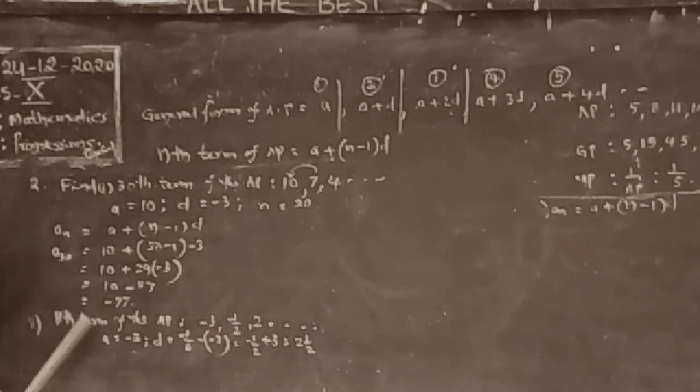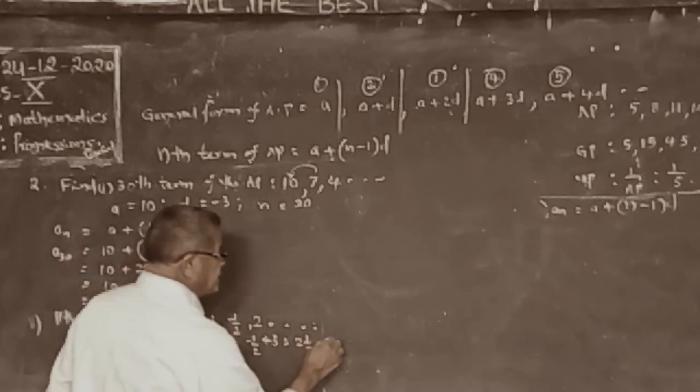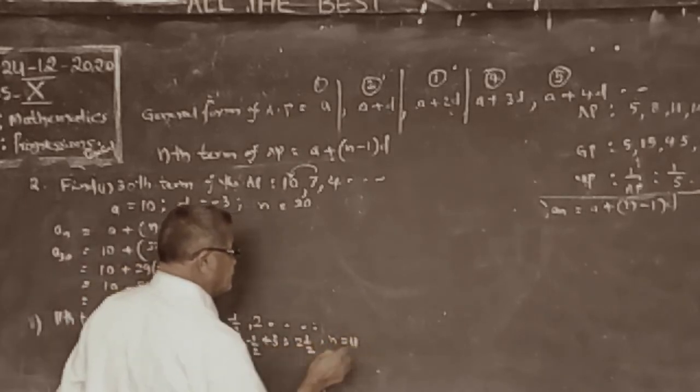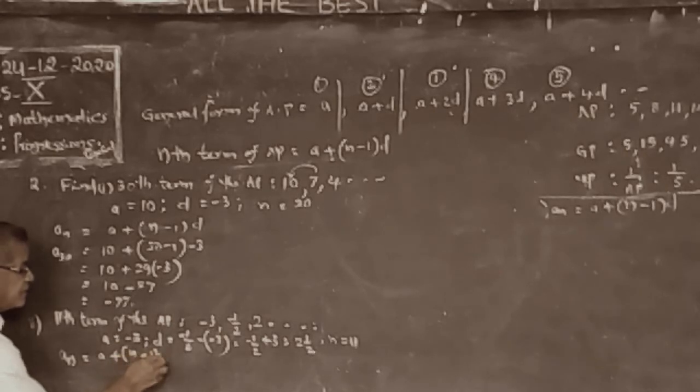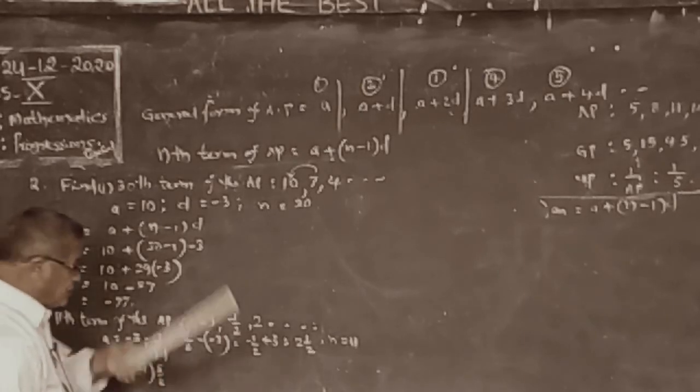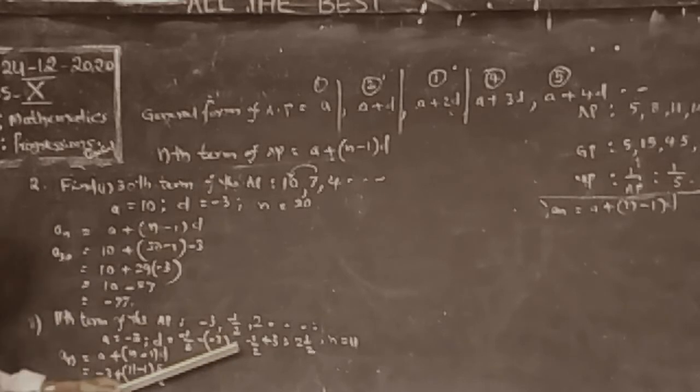And n value is 11. Substitute in the formula An is equal to A plus (n minus 1) D. A is -3, n is 11 minus 1, D is 5/2, since 2.5 is nothing but 5/2.